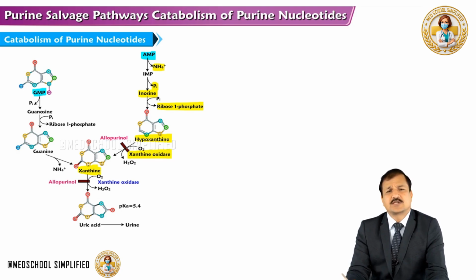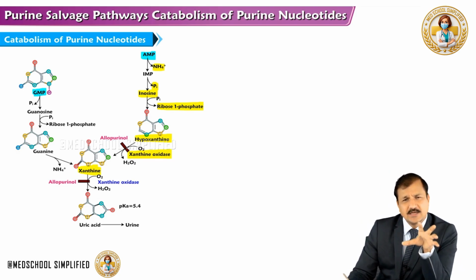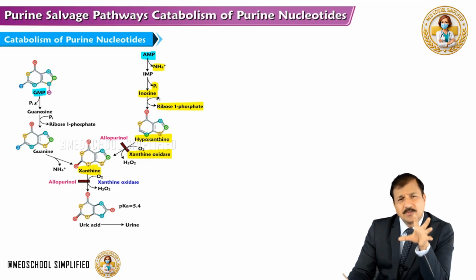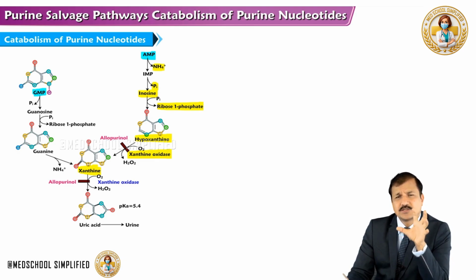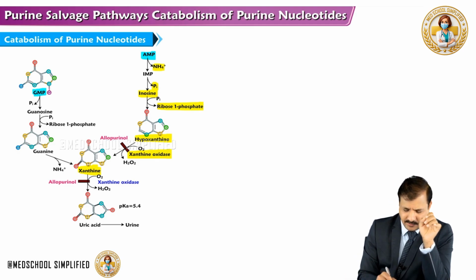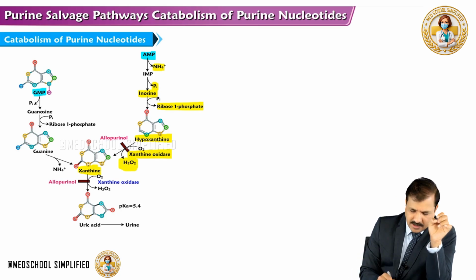This xanthine oxidase enzyme is there in the peroxisome, and peroxisomes are the ones that lead to the purine degradation process. Hypoxanthine conversion into xanthine will release hydrogen peroxide as the byproduct, and this hydrogen peroxide will be neutralized into a water molecule by catalase enzyme.